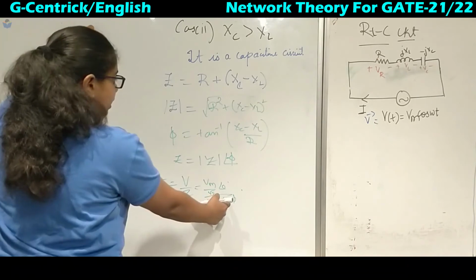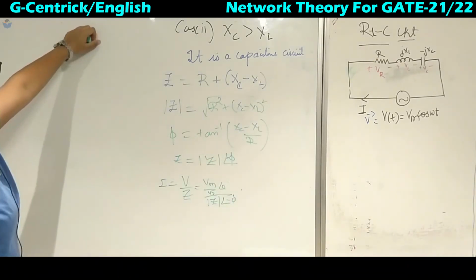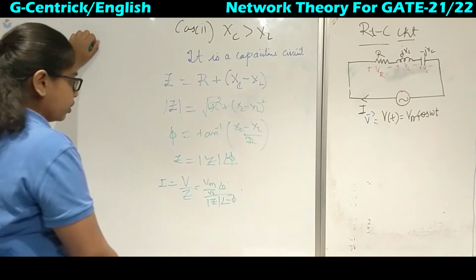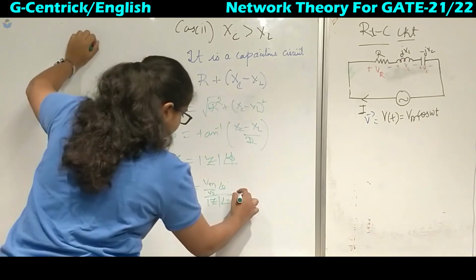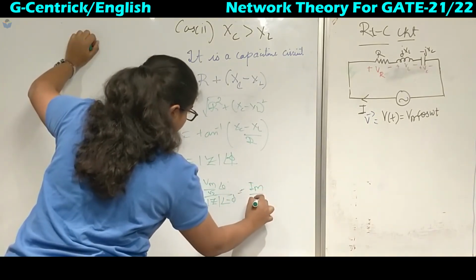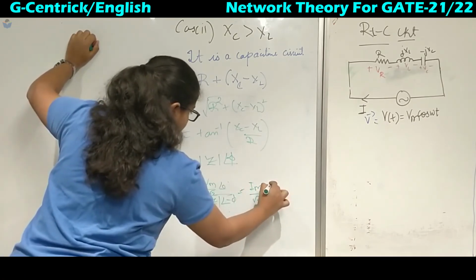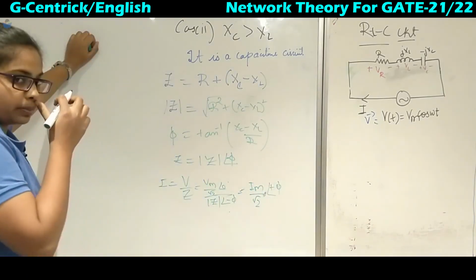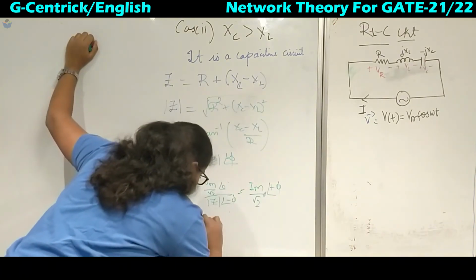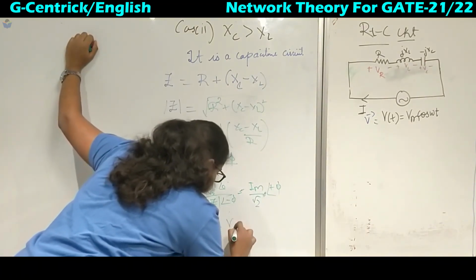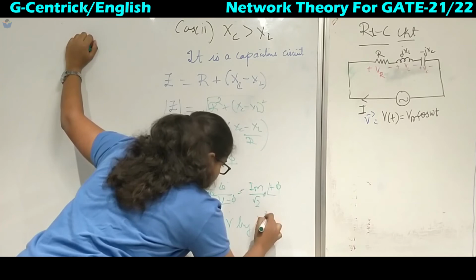Why is this minus there? Because XC is greater, which has the minus jXC. So now this Vm by Z I can write as Im by root 2, and this minus 5 will go up, so it will become plus 5, which means that I leads V by 5 degrees.